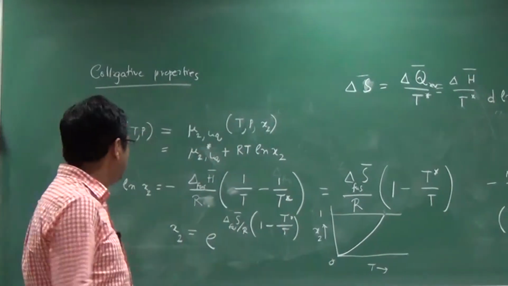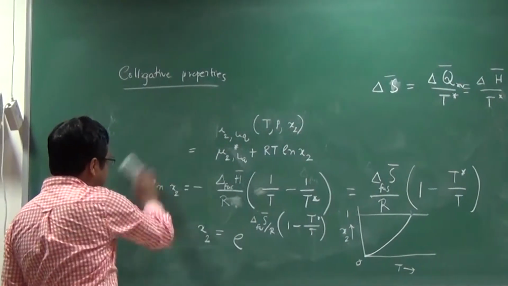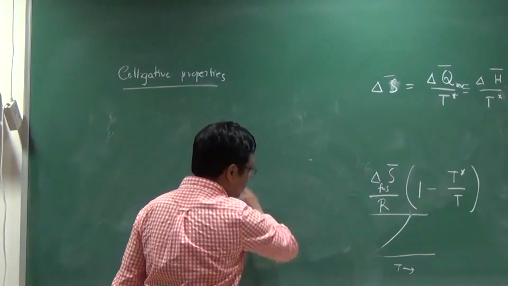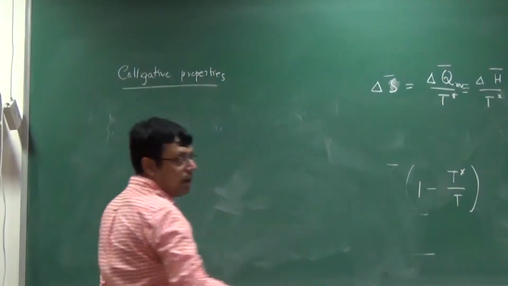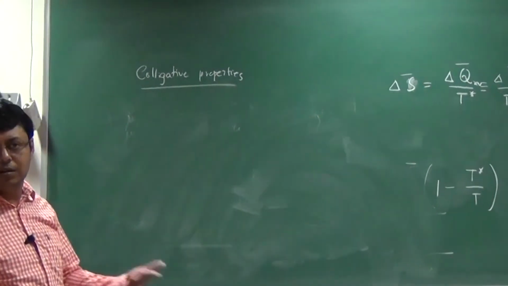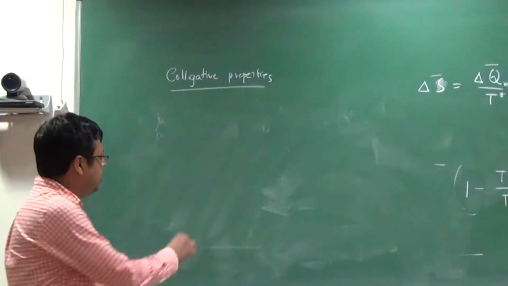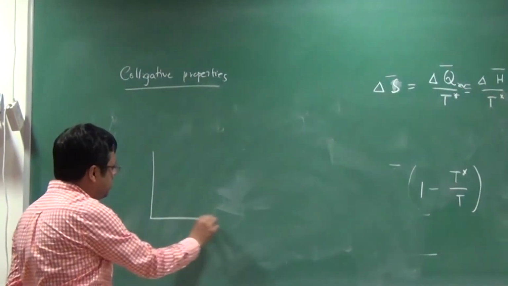Now, what is osmosis? All of you know that if I have a semi-permeable membrane, then only the solvent can flow through it, not the solute. A particular setup can be like this.